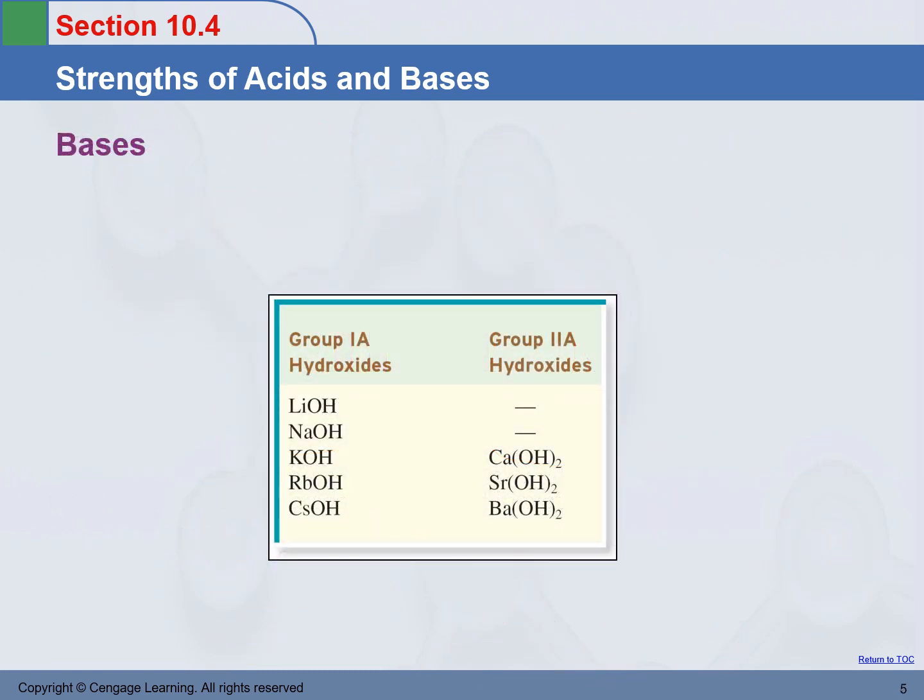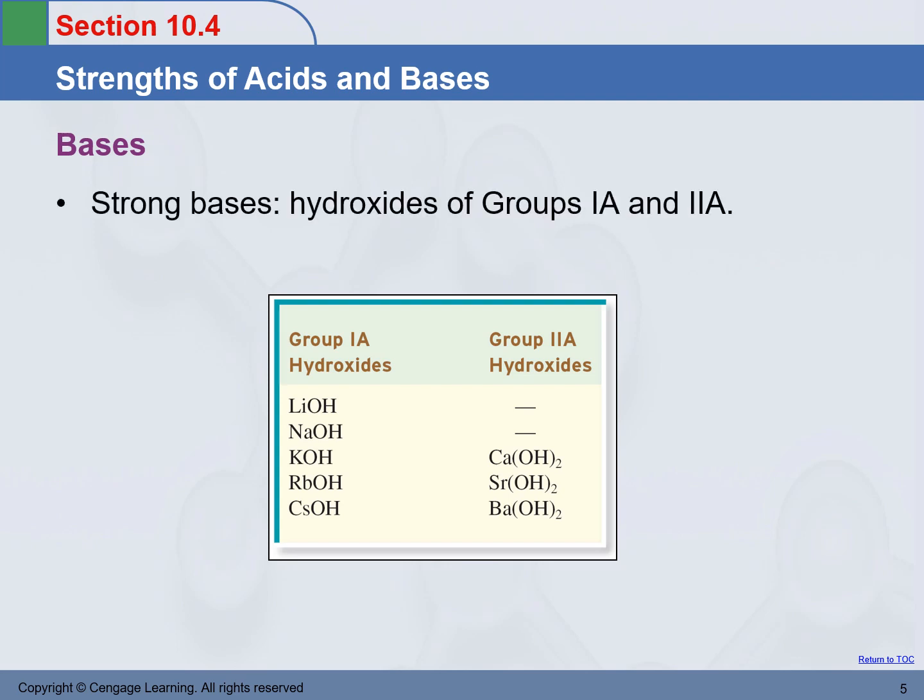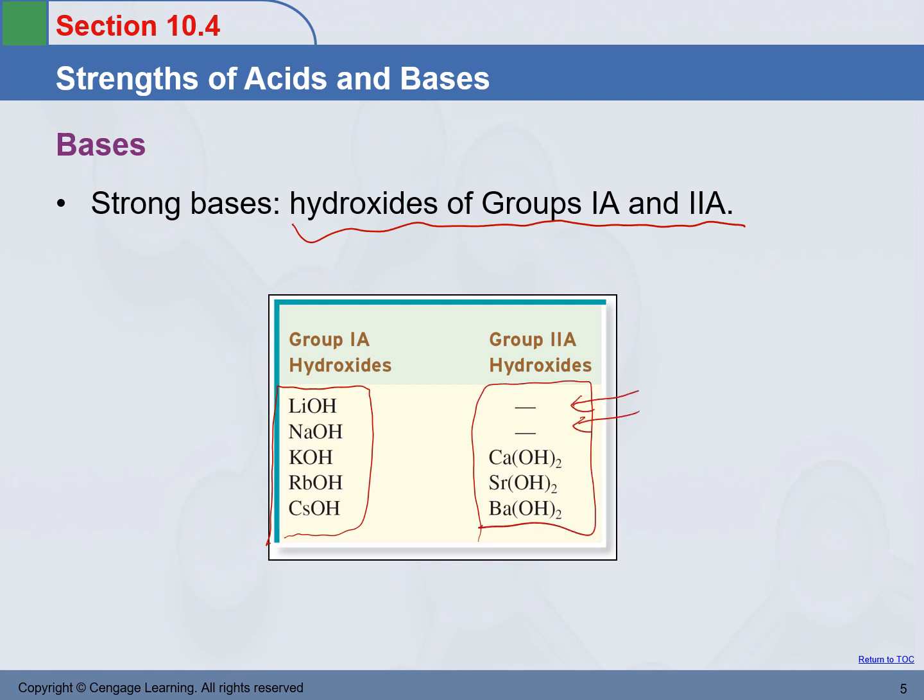Now let's talk about bases. Strong bases: only the hydroxides of group 1A and 2A metals are strong bases. Only they, when dissolved in water, will give up all of their hydroxides. Well, these are the hydroxides for group 1A metals. For hydroxides from group 2A metals, only 3 of them are listed here. 2 are missing.